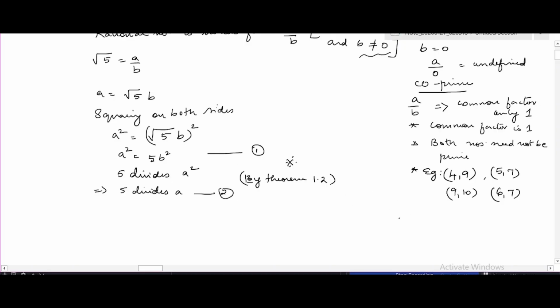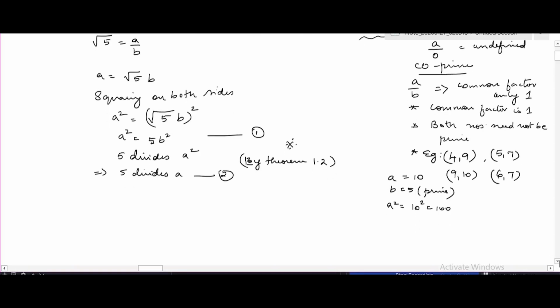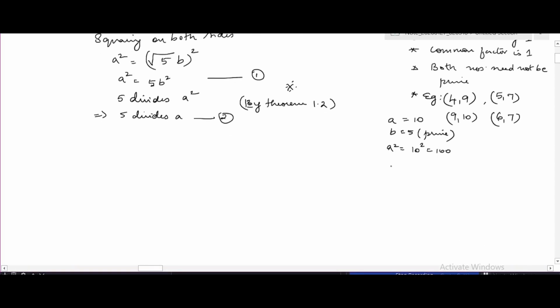I'll also tell you what this is. Suppose a is equal to 10, b is equal to 5, which is a prime number. Now a squared will be 10 squared, that is 100. Now we can say that 5 divides a squared, which implies 5 divides a.